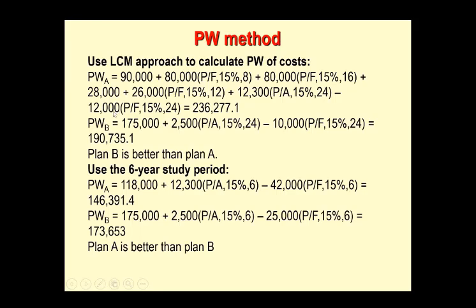And we have the result, 277.1. That is the present worth of plan A.